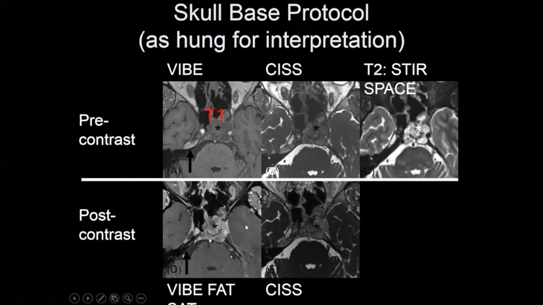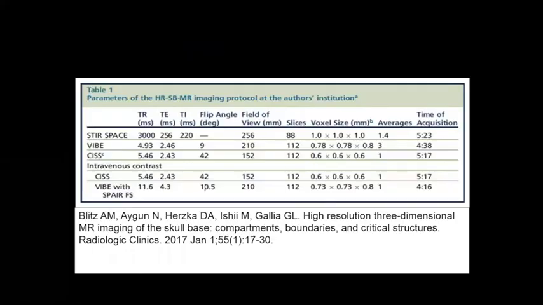And the CISS imaging is, again, not a typical T1 or T2 weighted technique, but really the heart of the sequence because it allows us to make really fine anatomic assessments. The spatial resolution that we use for CISS imaging in the skull-base protocol, which is an example of a high-resolution protocol that I've shown here on the screen, is 0.6 of a millimeter isotropic.